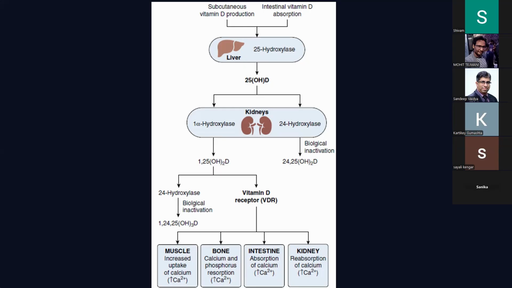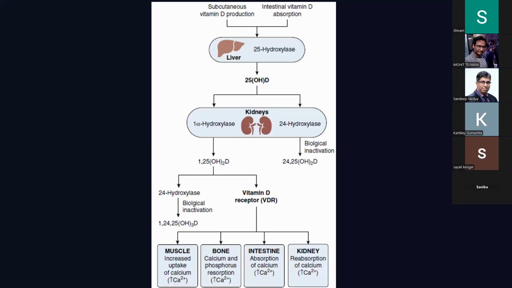Then in the liver, it is hydroxylated. The first hydroxylation takes place by 25 hydroxylase, and it is converted to 25 hydroxy cholecalciferol. Further, the second hydroxylation is done in the kidneys by 1 alpha hydroxylase, after which it is converted into its activated form, which is 1,25 dihydroxy cholecalciferol.